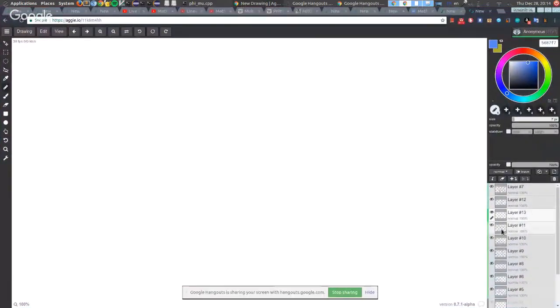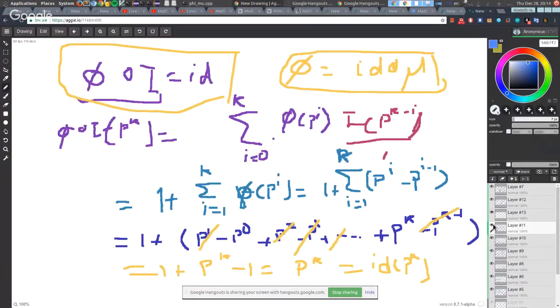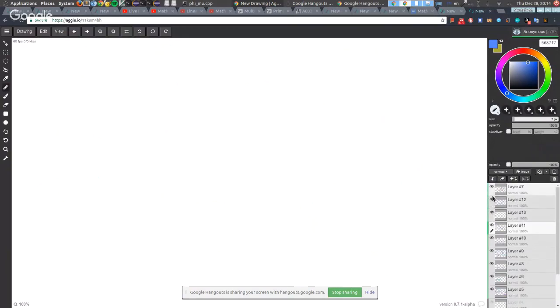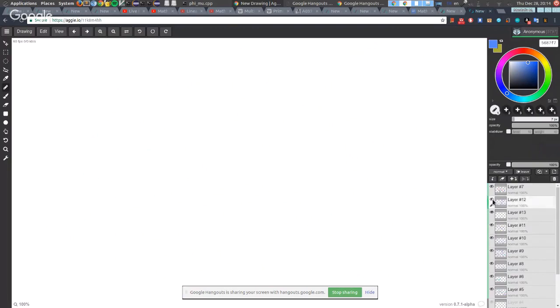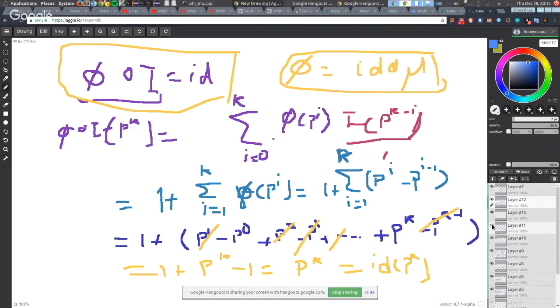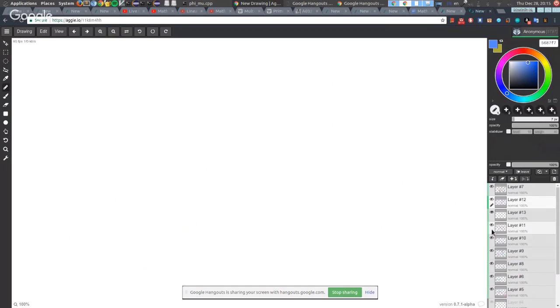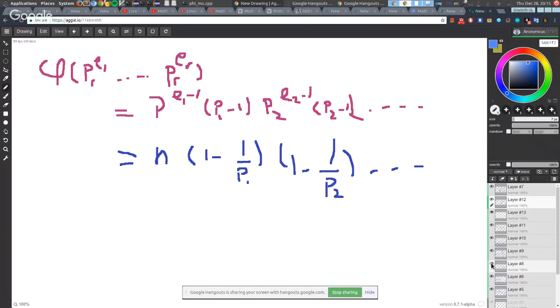So for the Euler function, we have this formula here. Yes, this formula for the phi.